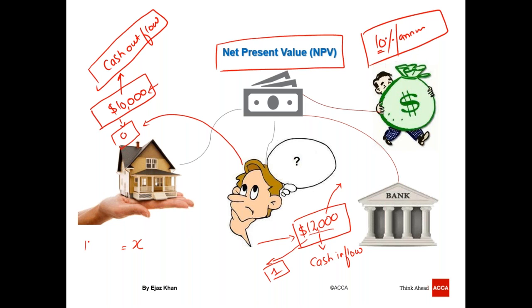So this company would like $12,000 to be equal to the amount invested and 10% of this amount invested. So the company would like 12,000 to be the sum of these two. So if you try to find out with the help of this equation what maximum amount this company should invest against these $12,000 to ensure that it recovers its investment and the return on investment.